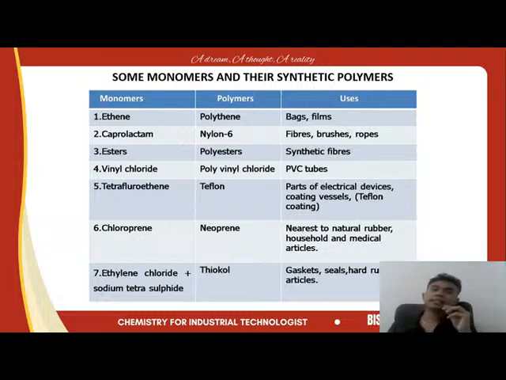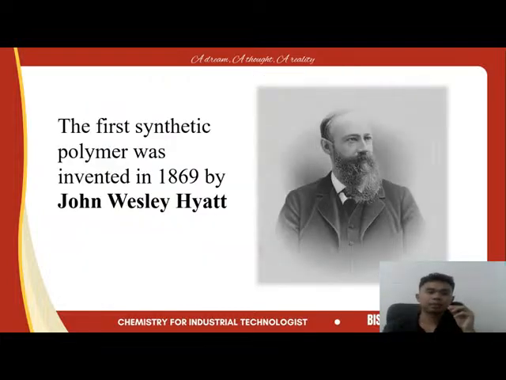The first synthetic polymer was invented in 1869 by John Wesley Hyatt. He is the first person to make a synthetic polymer, as the first substitute for ivory balls.